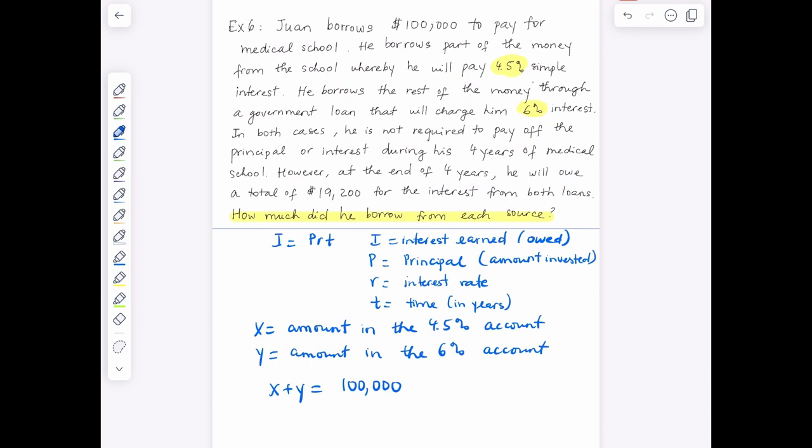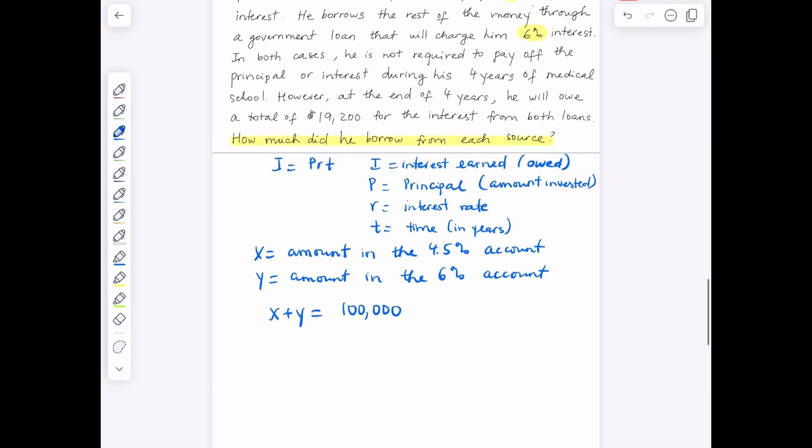Now let's talk about the interest that he'll have to pay. So with the X amount invested in the 4.5% account, applying this formula, X here would be the principal amount. The interest rate is 4.5%, and T is in years, which the problem mentioned is 4 years. So let's substitute all those numbers in for the first account.